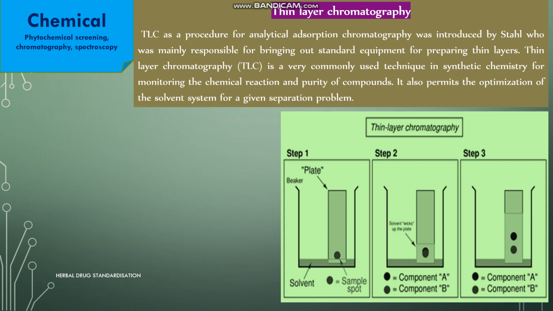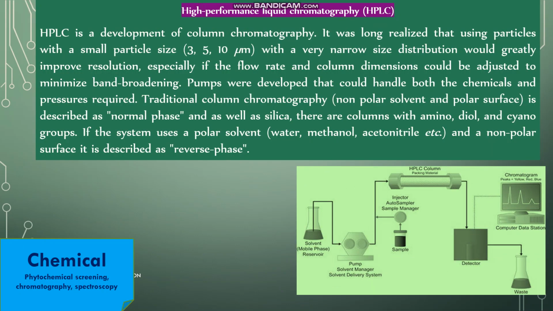Generally, in normal phase TLC, we are using a polar stationary phase and a non-polar mobile phase. Next one is HPLC, again a very important technique used for qualitative as well as quantitative estimation of our herbal drug extract or any other formulation. It is of different types, like reverse phase and normal phase HPLC. Generally, in industry we are using the reverse one.